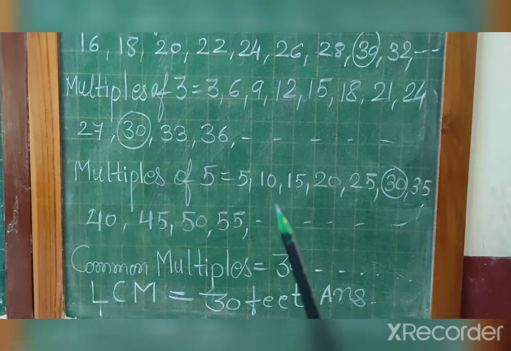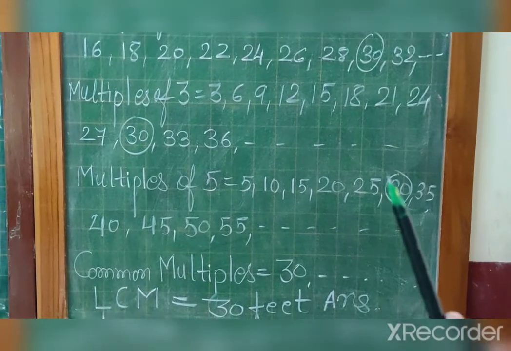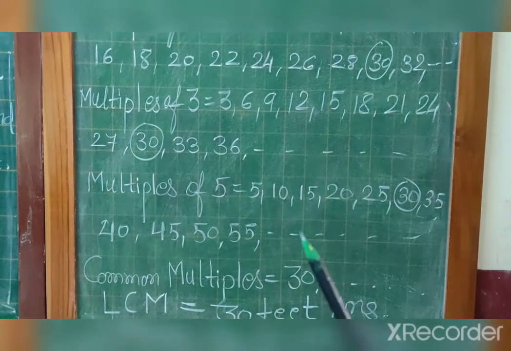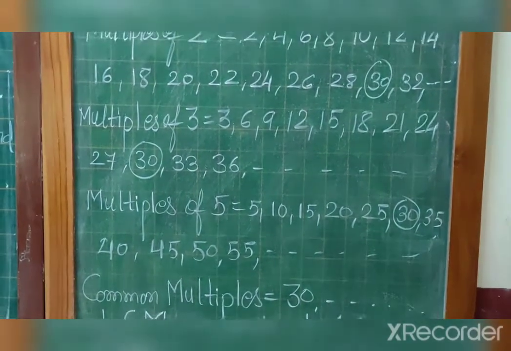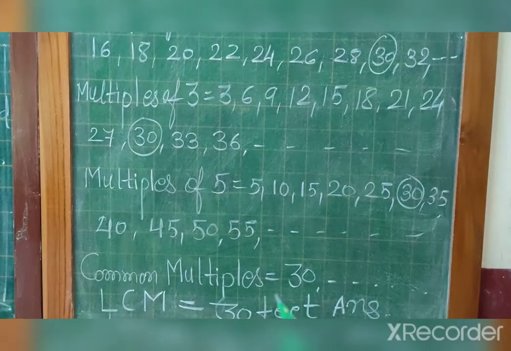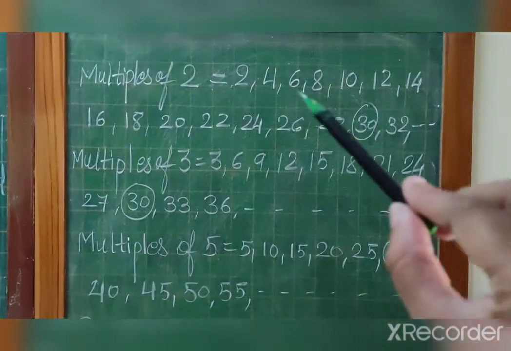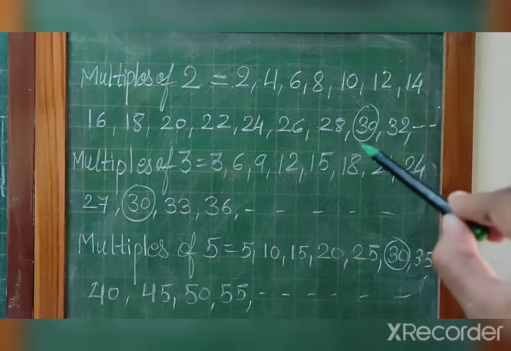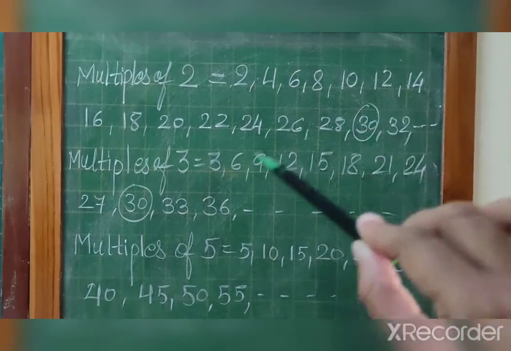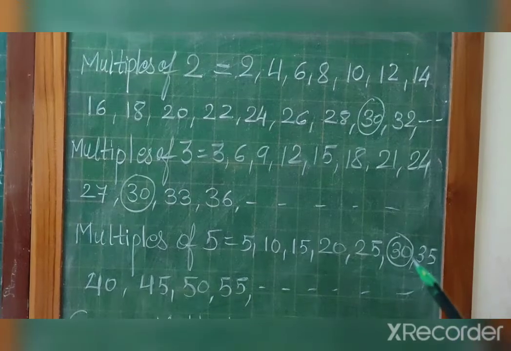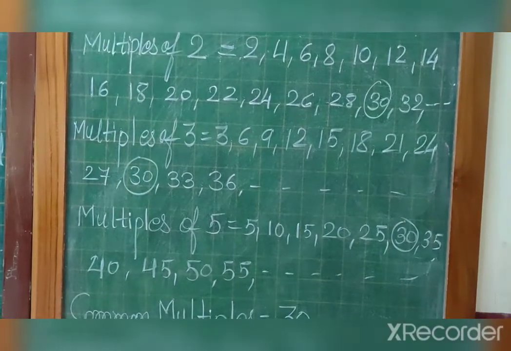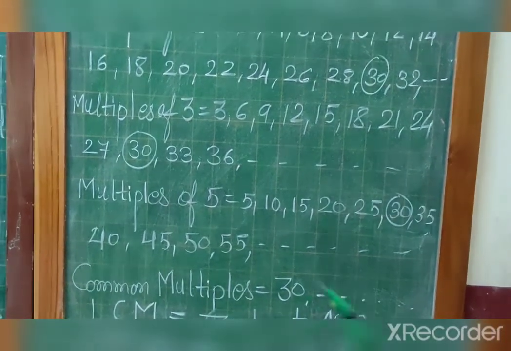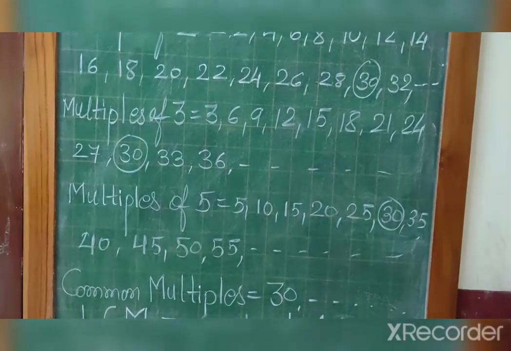Multiples of 5: 5 twos are 10, 5 threes are 15, 5 fours are 20, 25, 30, 35, 40, 45, 50, 55, 60, so many. Now you can see the common multiples. Whatever multiples we have written, among those, the first common multiple is 30, and you can get so many more. 60 also, because 60 is divisible by 2, by 3, by 5, but there is no space here, so I have not written it.